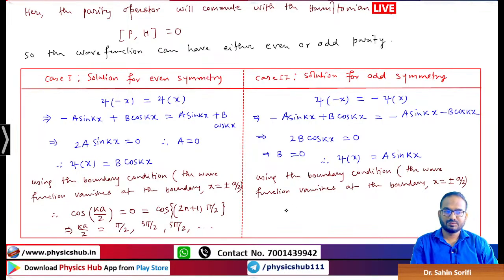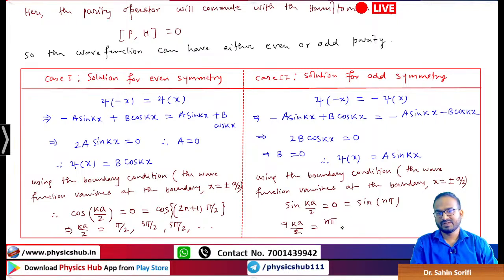Here you see, if you put sin k by 2 equal to 0, so sin n pi here, so ka by 2 is equal to n pi by a.